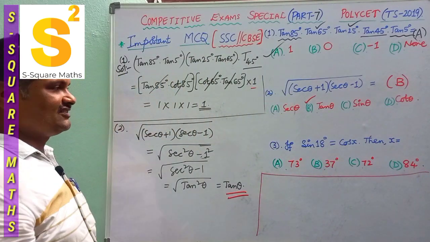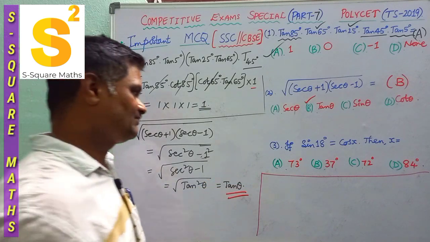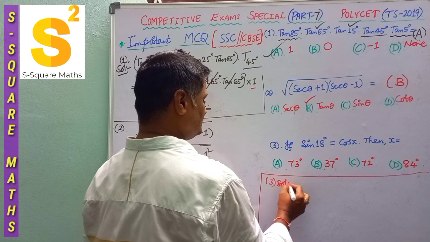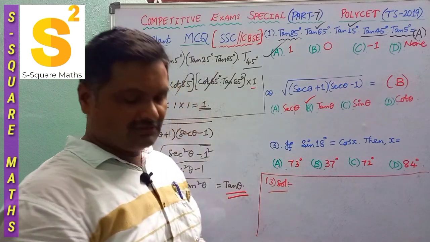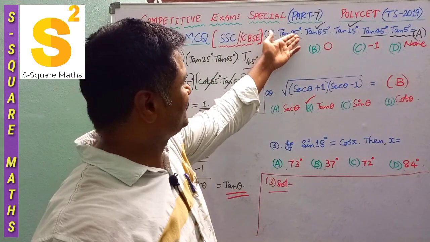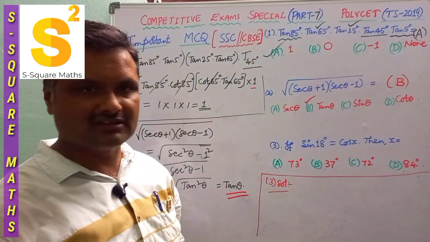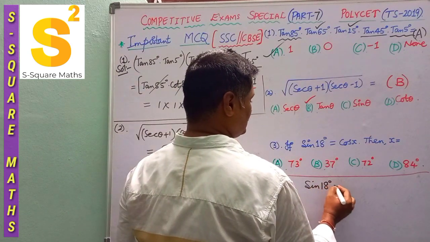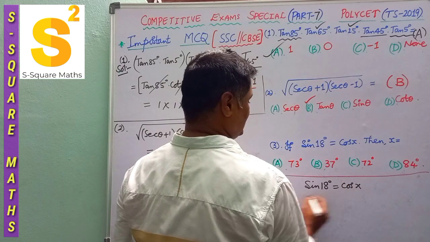Okay, third one. If sin 18 degrees is equal to cos x, then x is equal to? In the same way, I am doing the third solution here. Within 2-3 steps, just like the first one. Sin 18 degrees is equal to cos x.